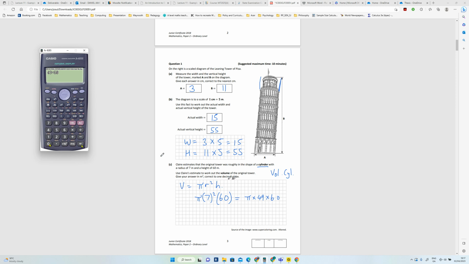They're asking for it to 1 decimal place, so I am going to multiply it by pi, shift pi, equals that number there.